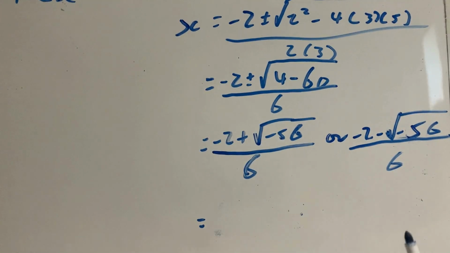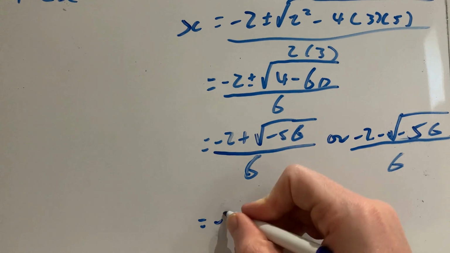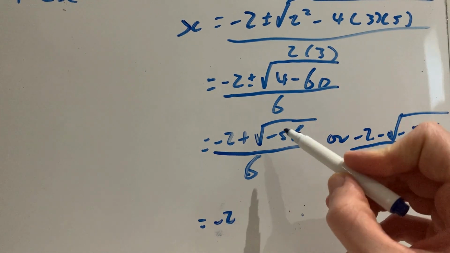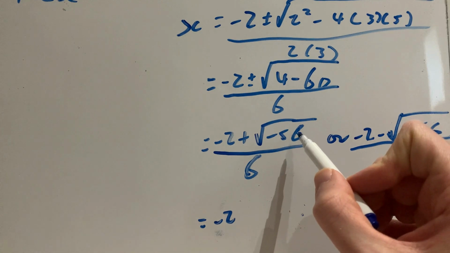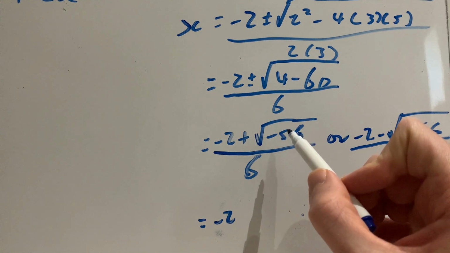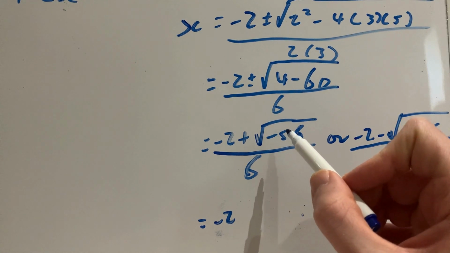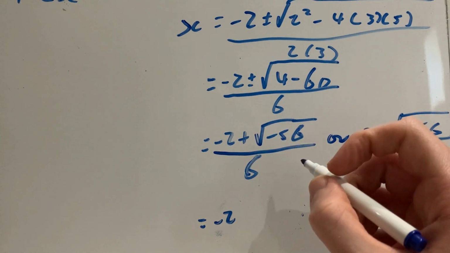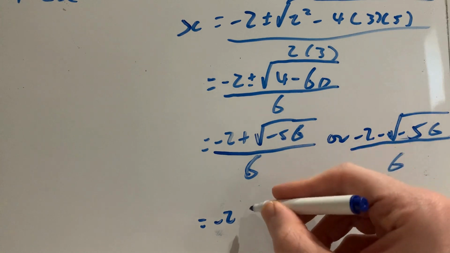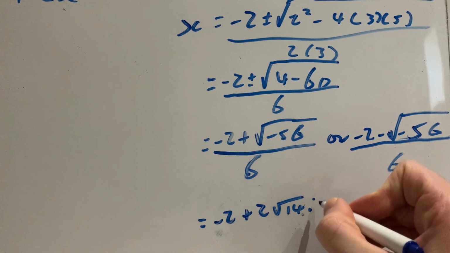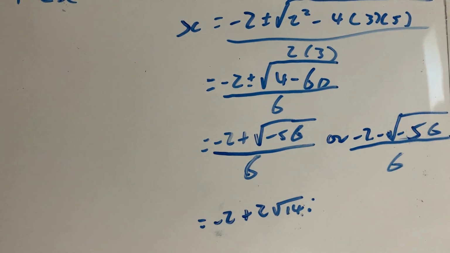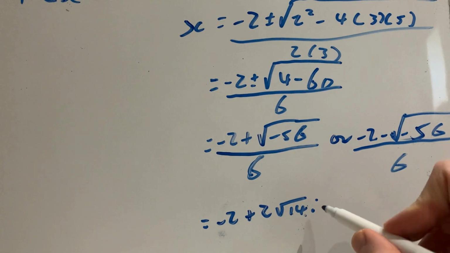Okay, so simplifying this a little bit more, we're going to have minus 2 plus root minus 56. We're going to have an i on it. So say we had root 56 instead, we'd have root 4 times root 14. And root 4 is 2. So we've got plus 2 root 14 i. And if you want to check that that's right, we can put everything back in the root.